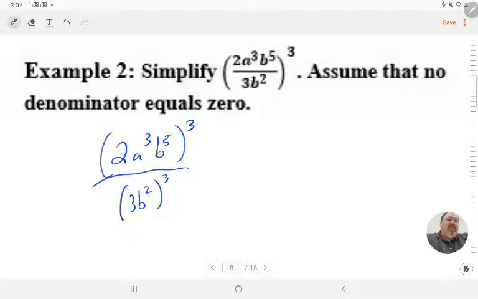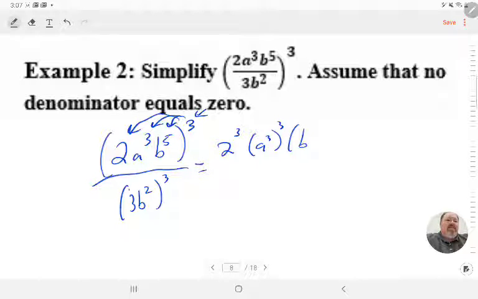Now when I look at the numerator, I'm going to take the 3 that's in the exponent and distribute that to the 2, to a to the third power, and to b to the fifth power. Okay, we're going to distribute that to all of these. So I would have 2 cubed, then a to the third power cubed, and b to the fifth power cubed.